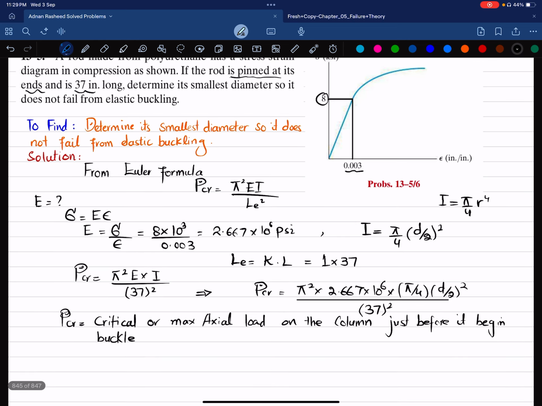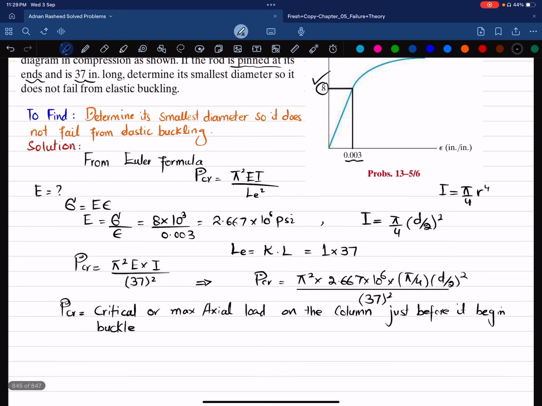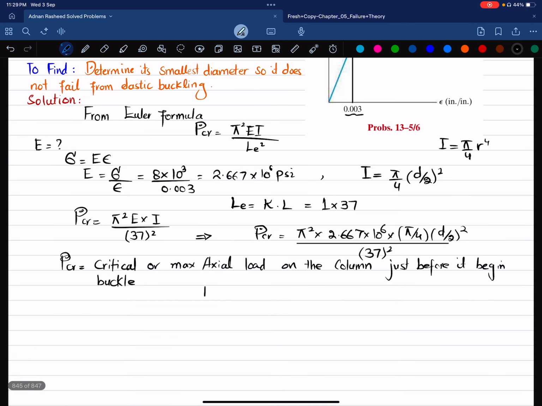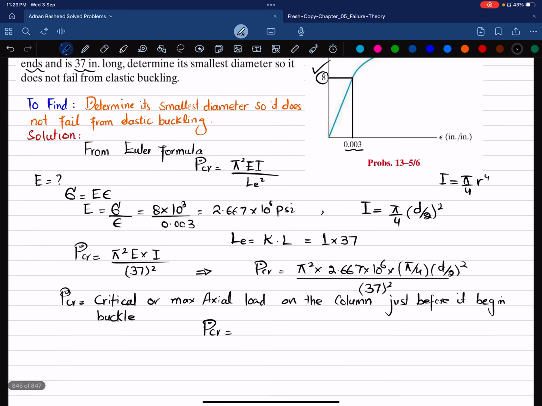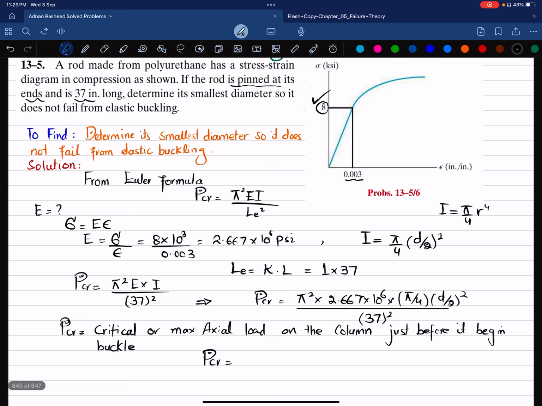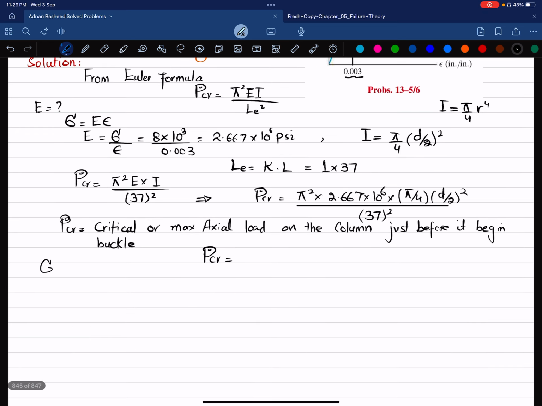Therefore, we will take this P critical equal to the maximum load. As this is stress, we know that critical stress is equal to critical load divided by area. So from here we get P critical is equal to critical stress multiplied by area.